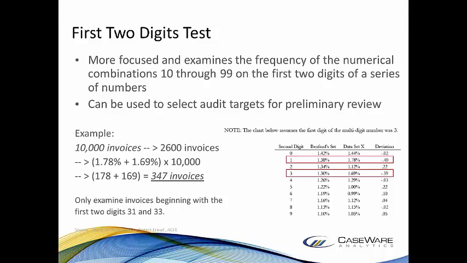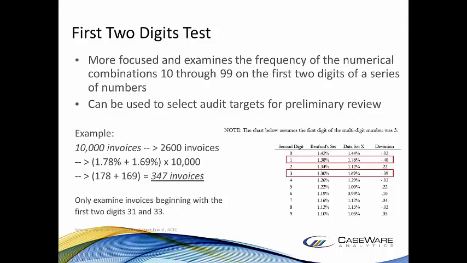So here in the chart on the right-hand side, you can see the second digit of 1, that is 3-1, has 1.78% in the data set, whereas Benford's law only expected it to be 1.38%.